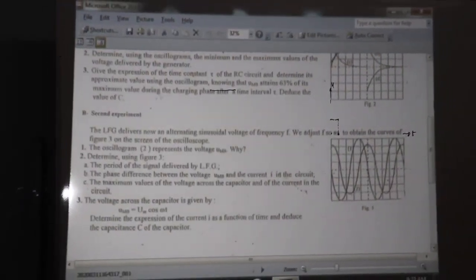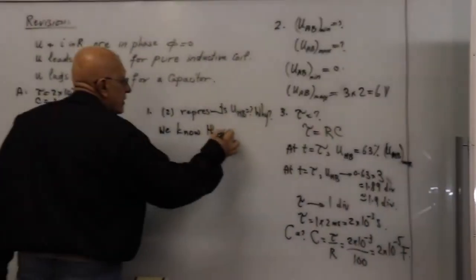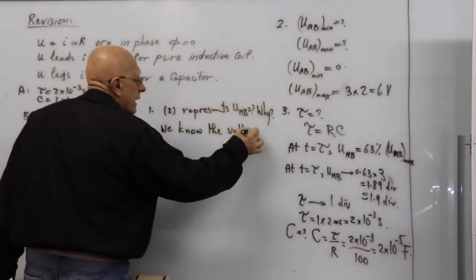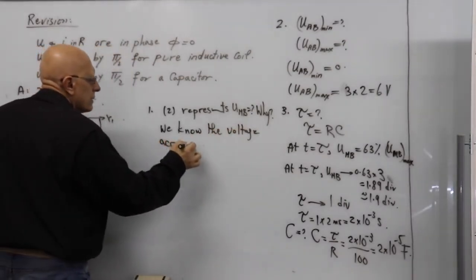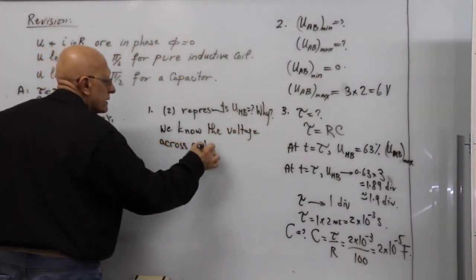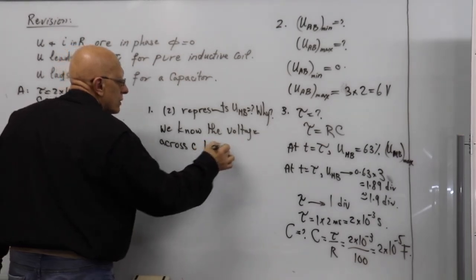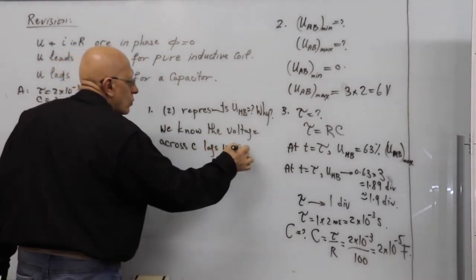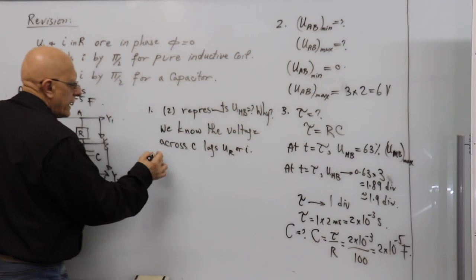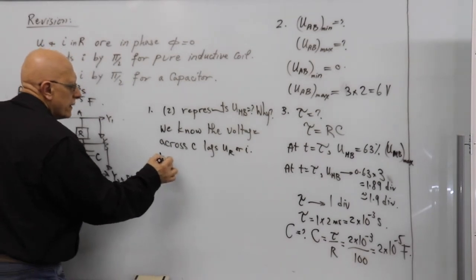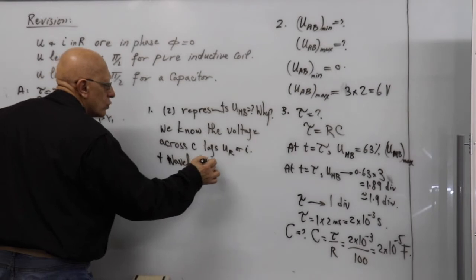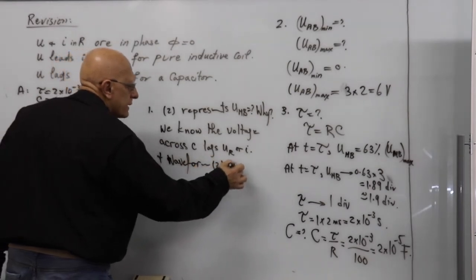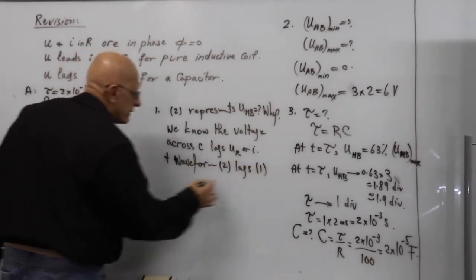We know the voltage across C lags UR or I, and waveform 2 lags 1.